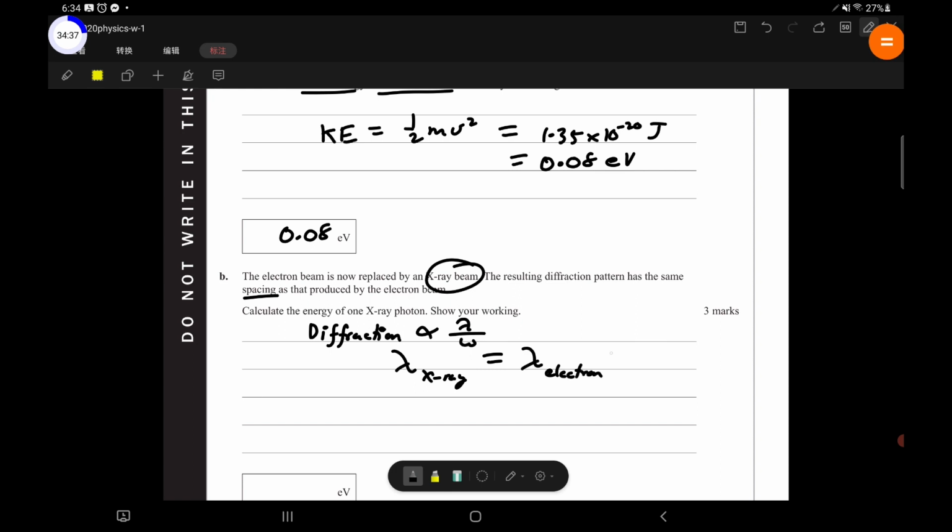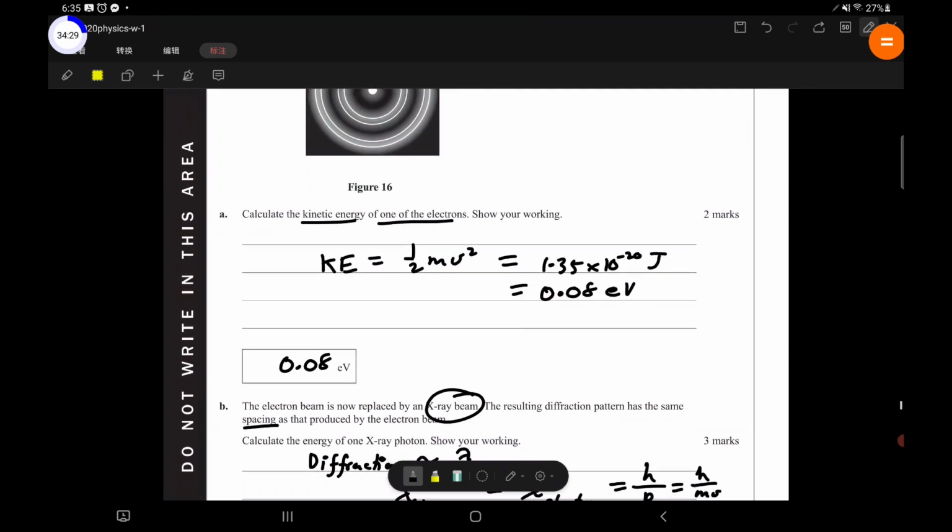Now, I'll know the wavelength of the electron because that is just h over p. And we can quite easily determine that just from the information we're given up here.